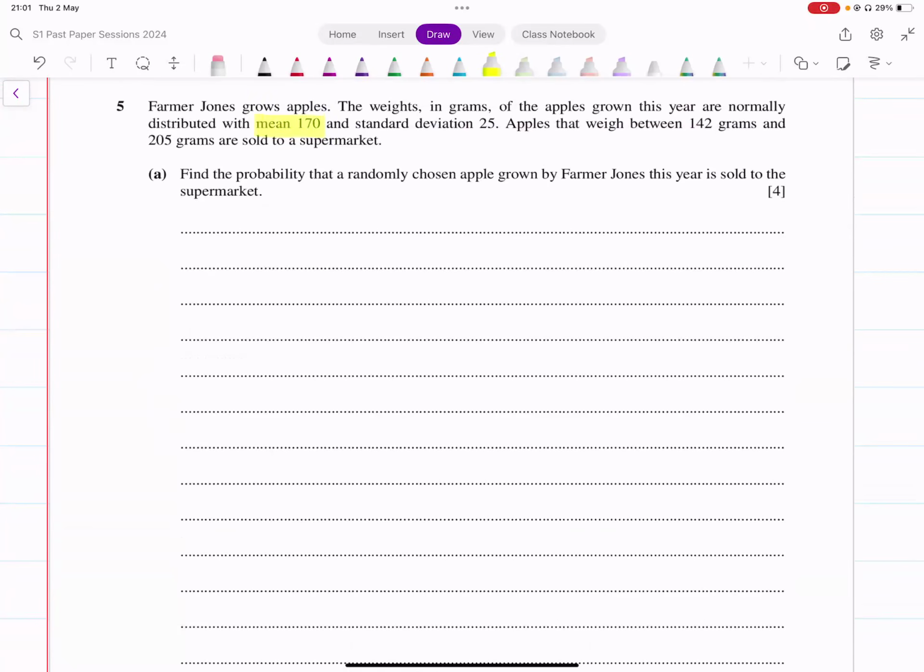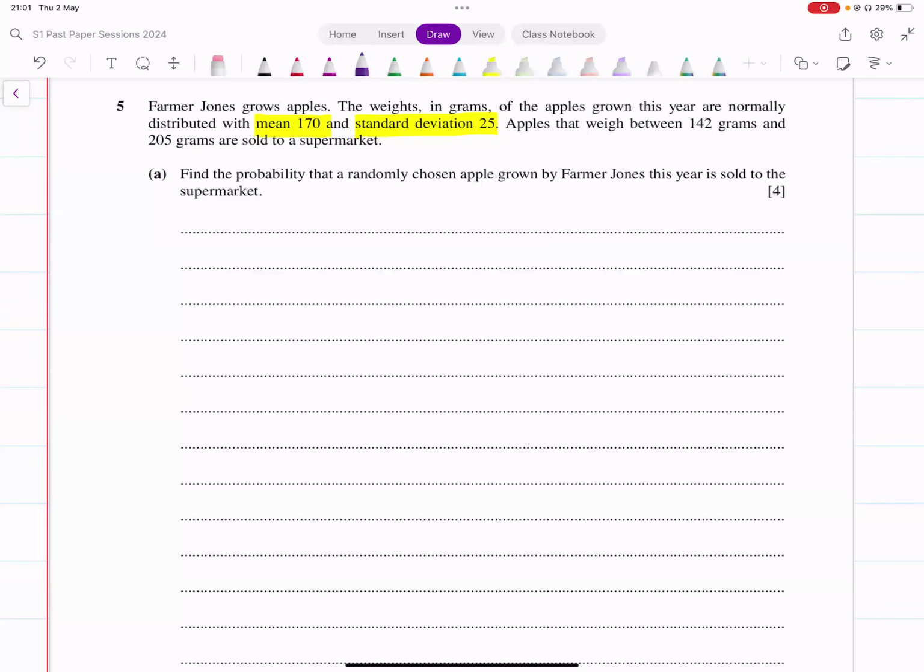So we have the mean given and we've got the standard deviation given. Apples that weigh between 142 grams and 205 grams are sold to a supermarket. Find the probability that a randomly chosen apple grown by Farmer Jones is sold to the supermarket.